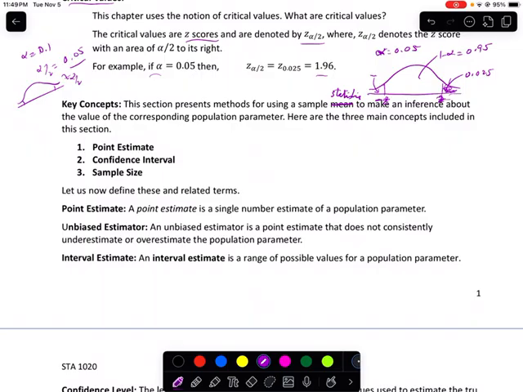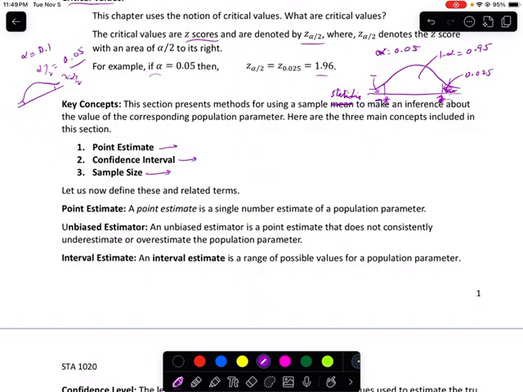So here are the three main concepts included in this section: what is a point estimate, how to construct confidence intervals, and how to find the minimum sample size for a certain hypothesis test to be done. So the main thing is the confidence interval.